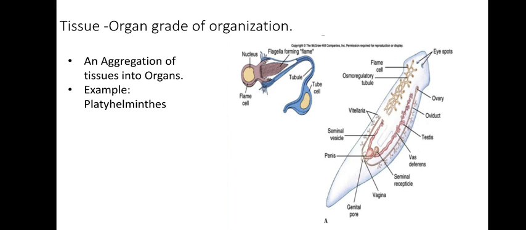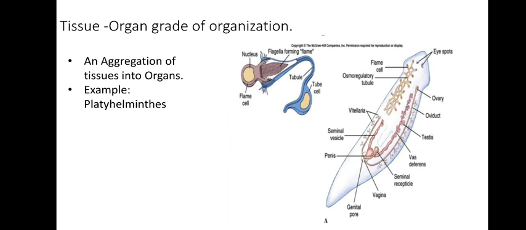Similarly, during the evolution of organisms, after Coelenterata, in case of Platyhelminthes, the next higher group of metazoa, this aggregation of tissues developed into definite organs. So this grade of organization is called the tissue-organ grade of organization. That means they have special organs formed of many tissues to perform a particular function.